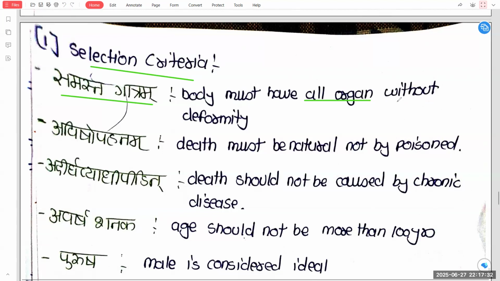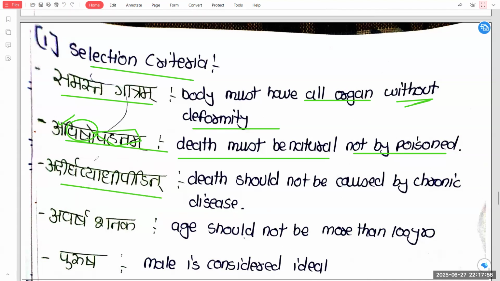All the organs without any deformity. Okay? Avisha upahatam. Vish means poison. Upahat means infestation. So avisha upahatam means the body should not be affected by poisoning. Death must be natural and not by poisoning.